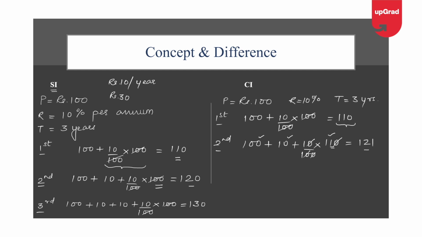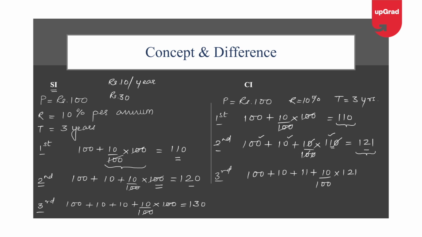Let's see what happens in the third year. The third year, 100 rupees that I borrowed, 10 rupees of first year interest, 11 rupees from second year, and 10% on. What should be the value? Yes, this is going to be 121.